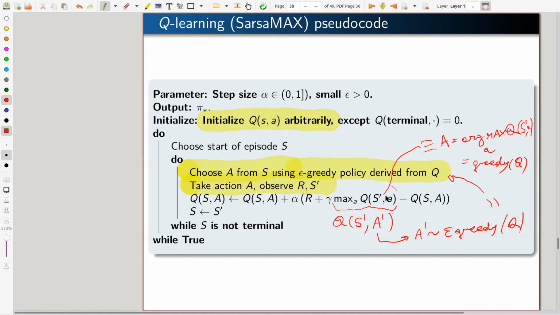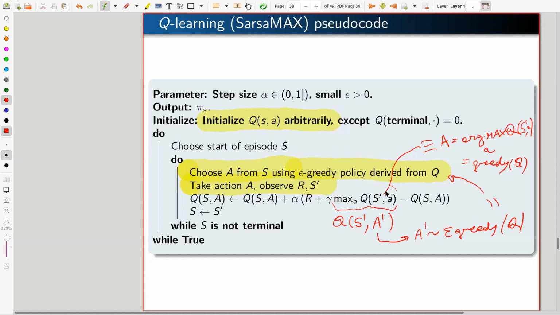So in this line, the improvement part is implicitly done by this max. And this means that we are using two different policies. One for choosing most of the update part, the action in the beginning, the reward, the next state, and the state and the action here.